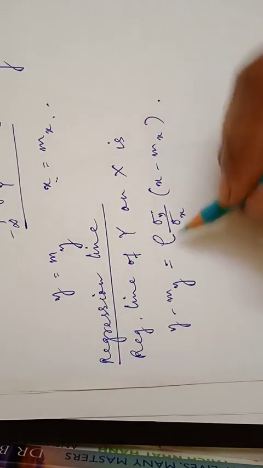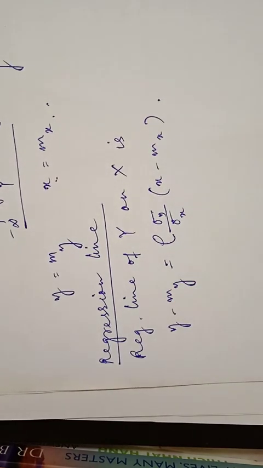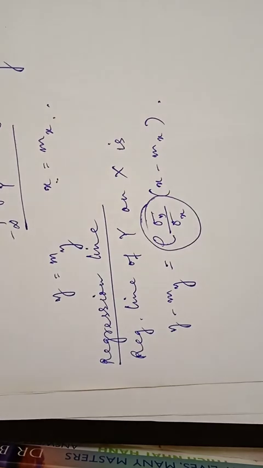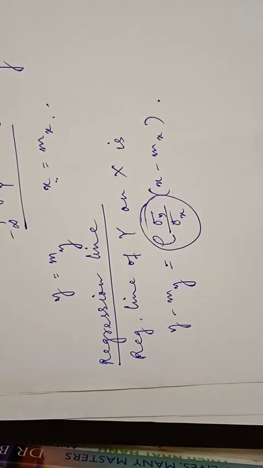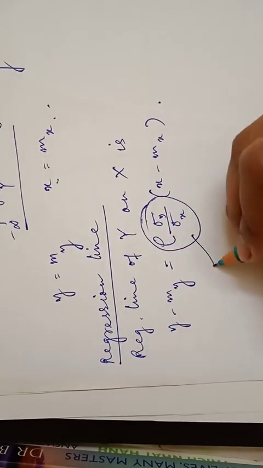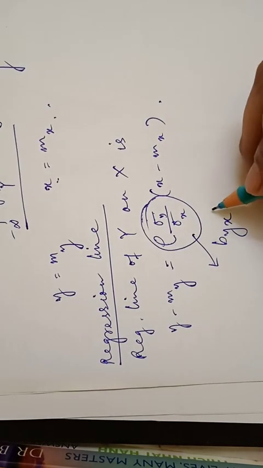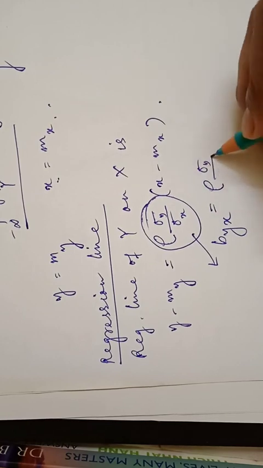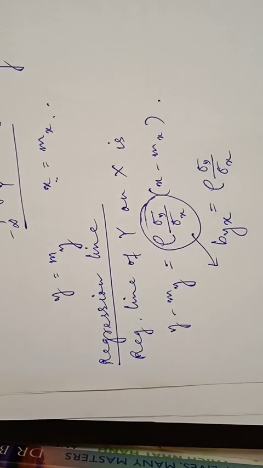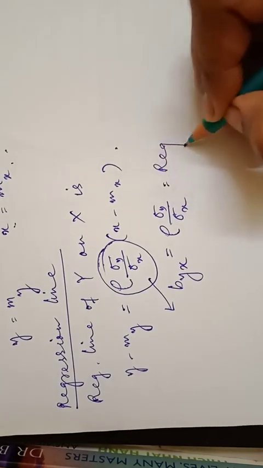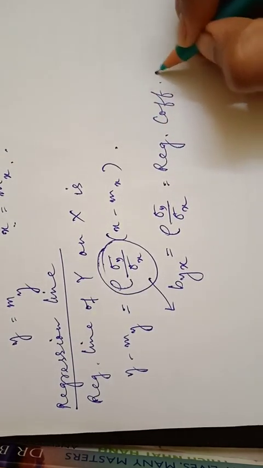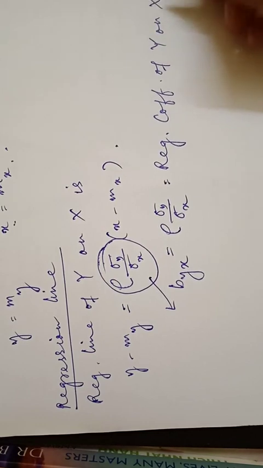This is the equation of the regression line of y on x. Now check, this quantity is the slope of that straight line, right? So this quantity we name byx. So byx equals rho into sigma y by sigma x, which is the slope of the regression line of y on x, and it has a particular name, which is called the regression coefficient. This is called the regression coefficient of y on x.